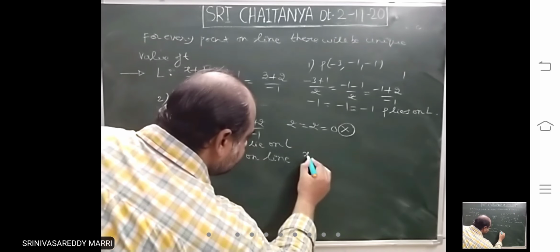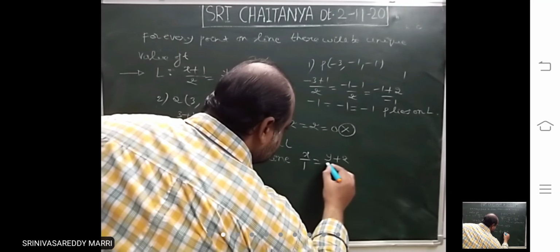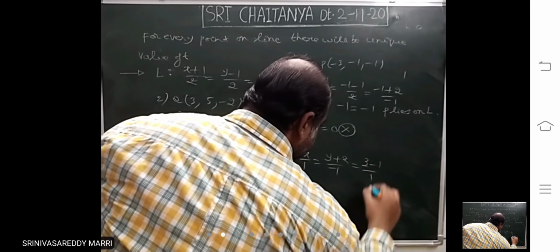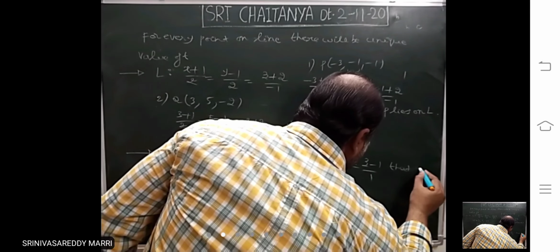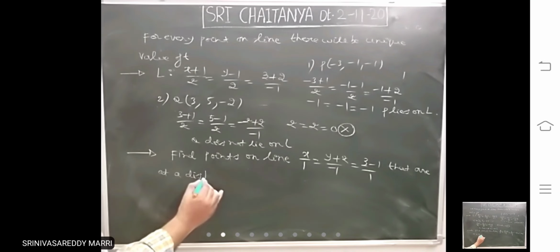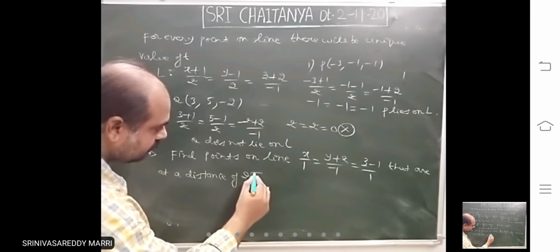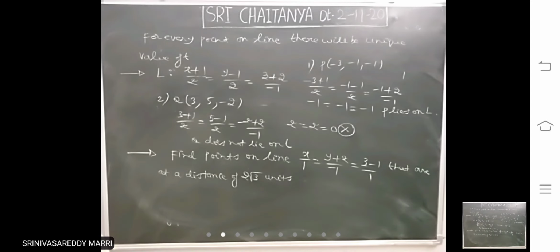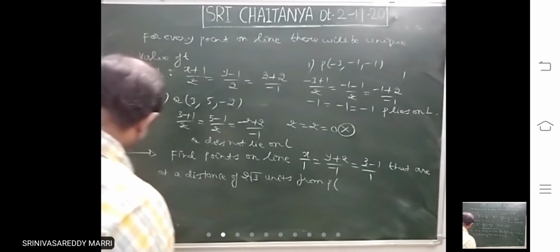One line is given to you: x by 1 equals y plus 2 by minus 1 equals z minus 1 by 1, that are at a distance of 2√3 units from a point.